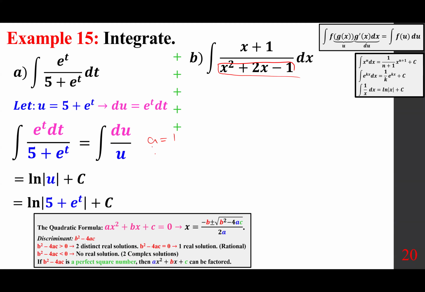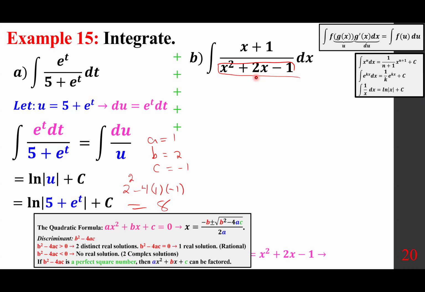A is 1, b is 2, c is negative 1. So b squared minus 4 times a times c is positive 8, which is not a perfect square, so it can't be factored out.